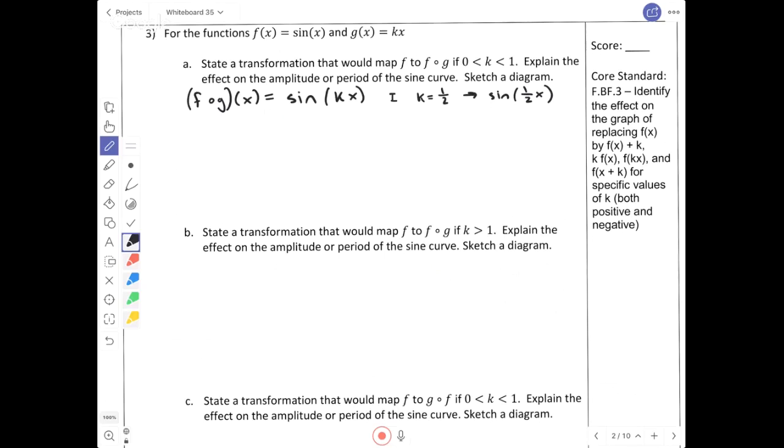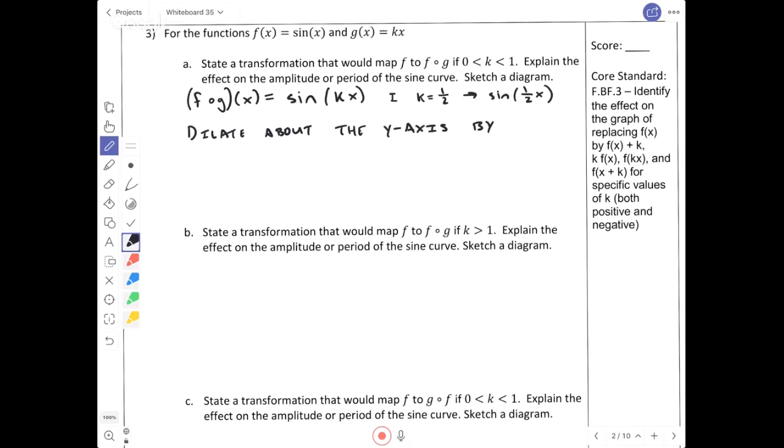And a transformation would be, so if I took f, this graph of sine of x, and mapped it to f composed with g, I would have to dilate about the y-axis by, well, in this case, it would be 2.